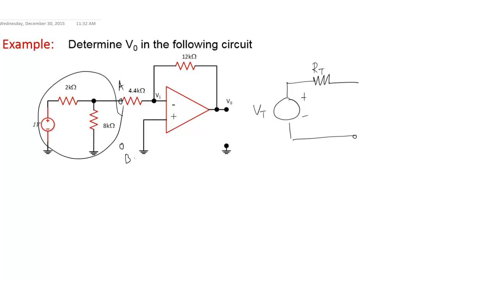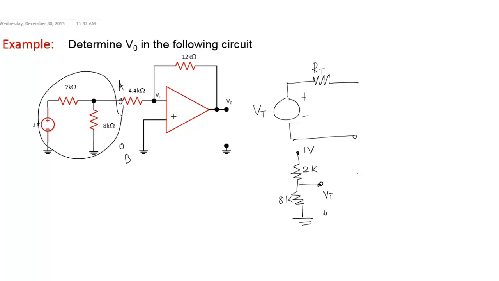And what we do now is, if we want to calculate the V sub t, it's very simple, because what we see here is essentially a potential divider, and this is my V sub t over here, and this is my 1 volt, and this is my 2k, and this is my 8k.